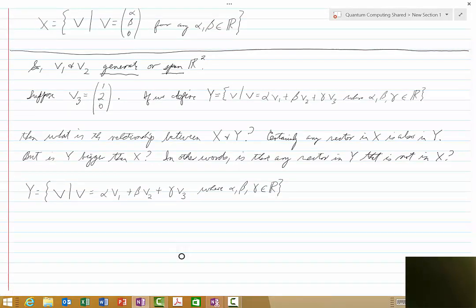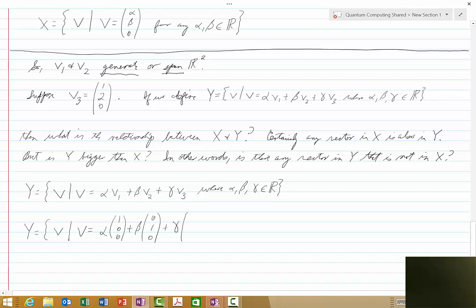Now, let's go ahead and substitute here. This is alpha times (1, 0, 0) plus beta times (0, 1, 0) plus gamma times (1, 2, 0), where alpha, beta and gamma are any real numbers.